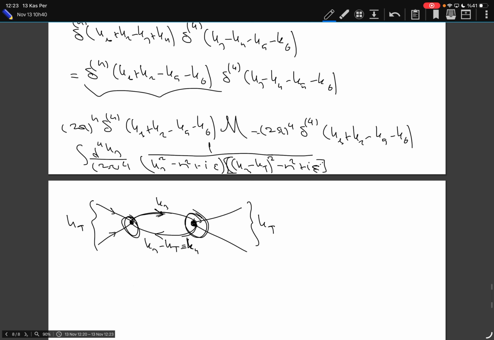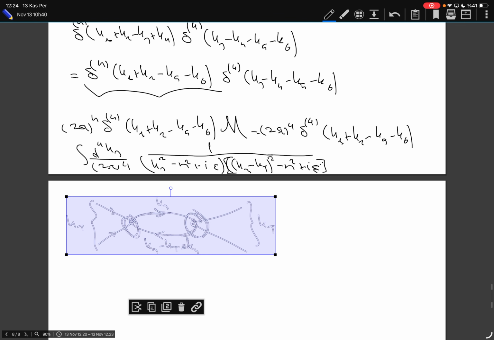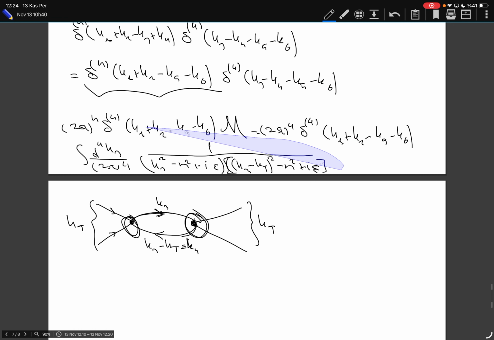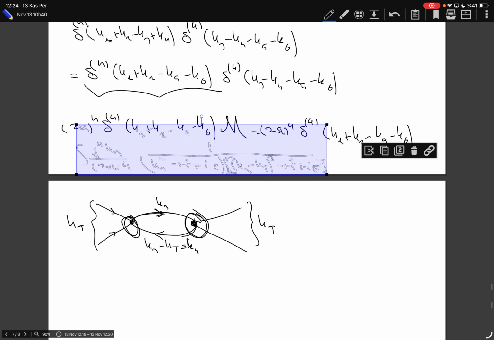Since I impose momentum conservation at each vertex, I end up having an overall energy momentum conservation, that is this one. But when I factor that out, what remains is what I can use to calculate the scattering amplitude.